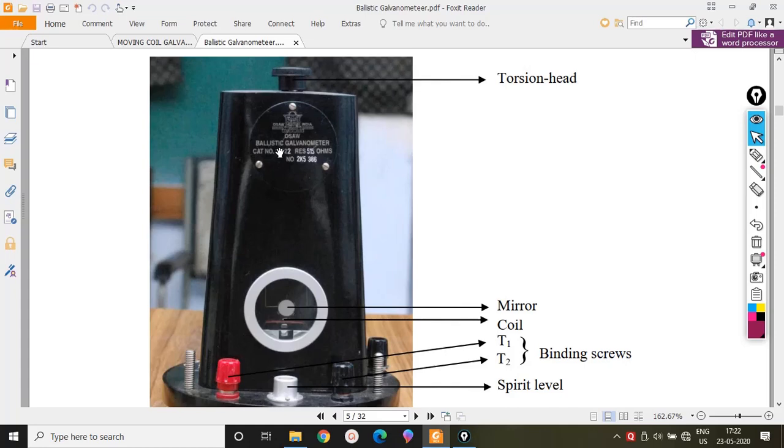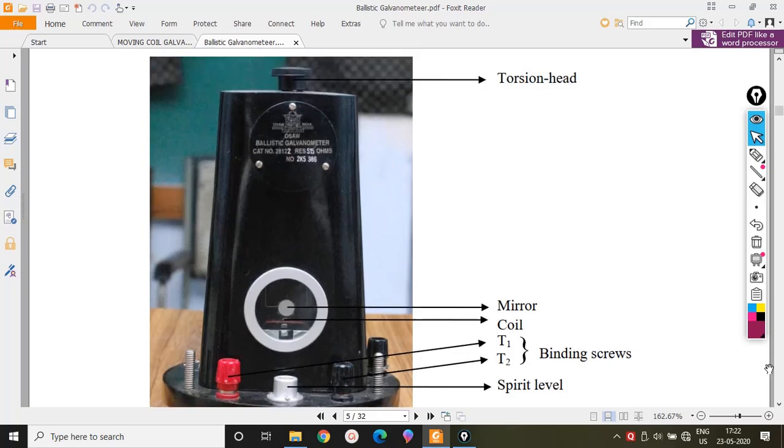I repeat that the word ballistic galvanometer is written, although it is suspended coil type, but we are using it for measuring charge or transient current. So it is used as ballistic galvanometer.